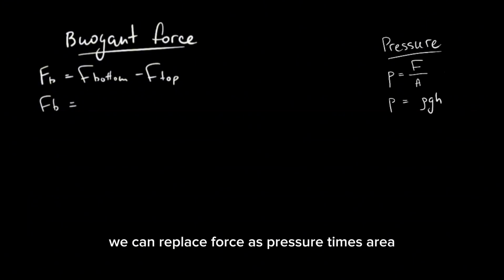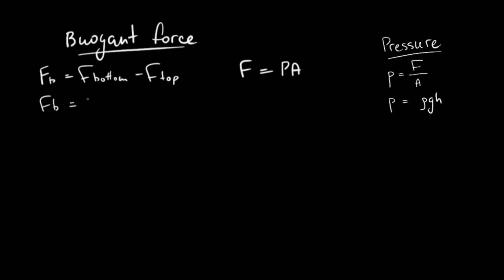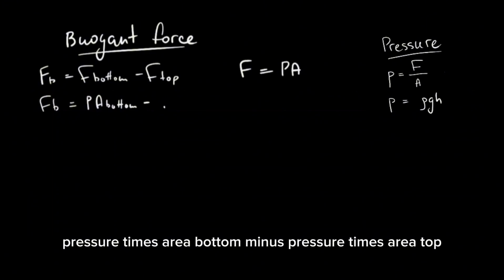Buoyant force. As I said before, buoyant force is the difference of the forces acting on the top and on the bottom of the object. But from the pressure equations, we can replace force with pressure times area. So let's do it. So pressure times area bottom minus pressure times area top.